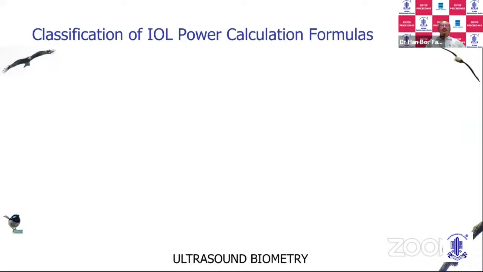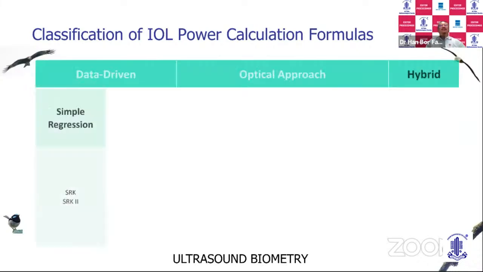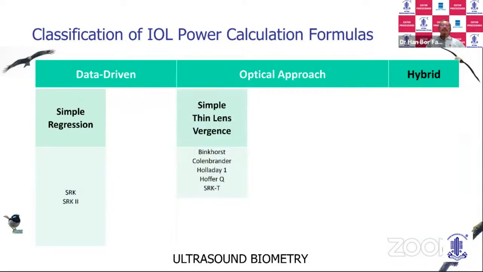Then along came ultrasound biometry, and at that time we had simple regression, which is the SRK and SRK II. These are data-driven formulae. Then there are simple thin lens formulas, such as the Binkhorst, the Holladay, the Hoffer Q, the SRK/T, and then the modified SRK/T, such as T2, and so on.